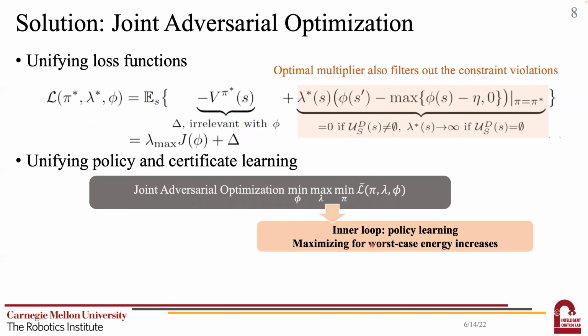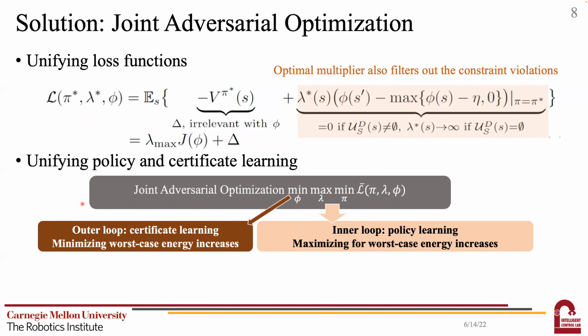Intuitively, the inner loop is the policy learning part, where we maximize to get the worst-case energy increase. And the outer loop is the certificate learning process, where we minimize this worst-case energy increase.